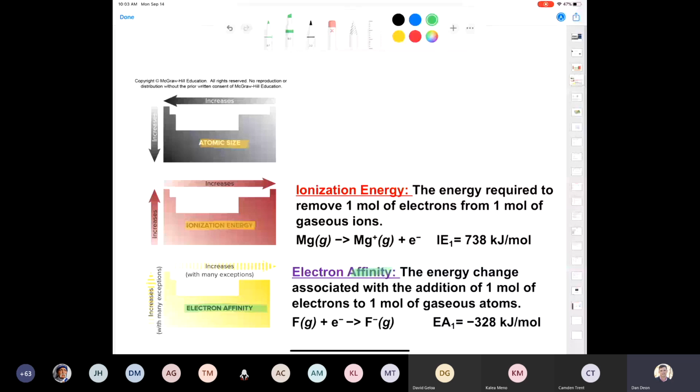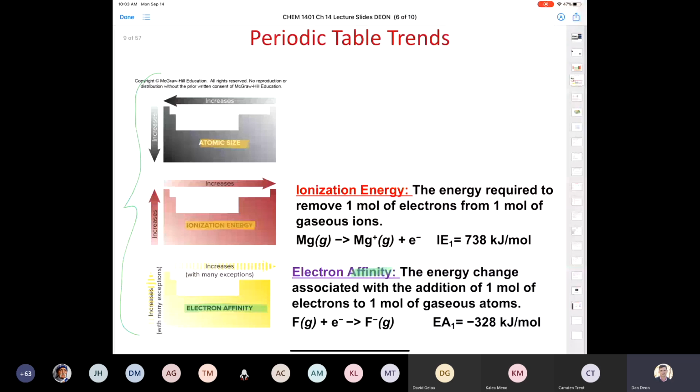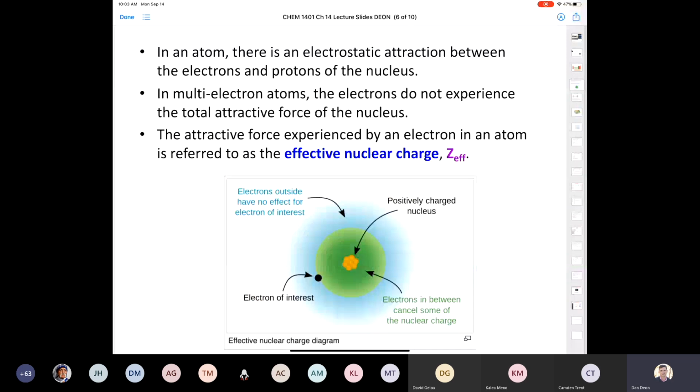I'm going to maybe talk more about that as we move on. But before we finish chapter 14, I want you to have some working knowledge of all 3 of these concepts. And in order for us to really understand that, I'm going to switch gears quite a bit here and talk about a concept that I really wish we were face-to-face for, but I'm going to do my damnedest to try to explain it to you.